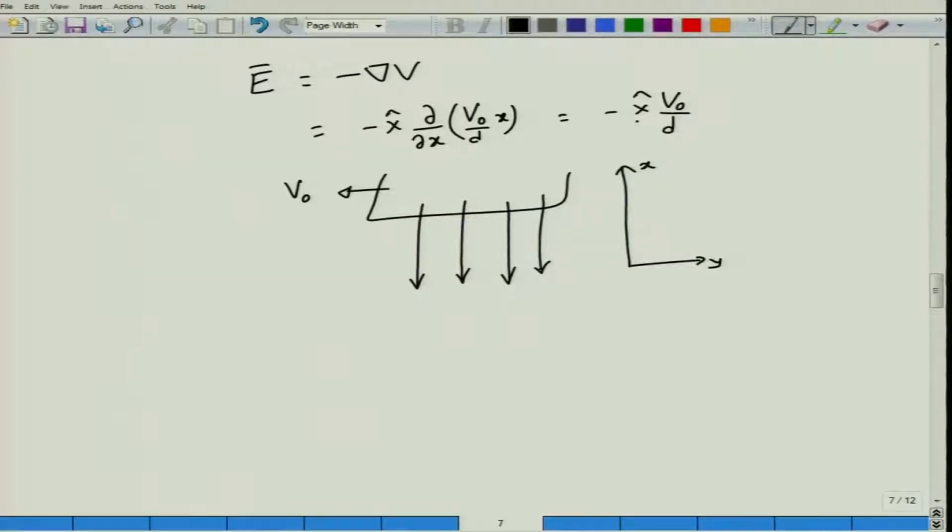The electric field is directed from top to bottom, therefore there are lines coming from the top conductor to the bottom conductor, and the magnitude of this is given by V0 by d. So we see here that the electric field is coming from the top conductor to the bottom conductor, and it has a value of V0 by d, so it is a constant field.